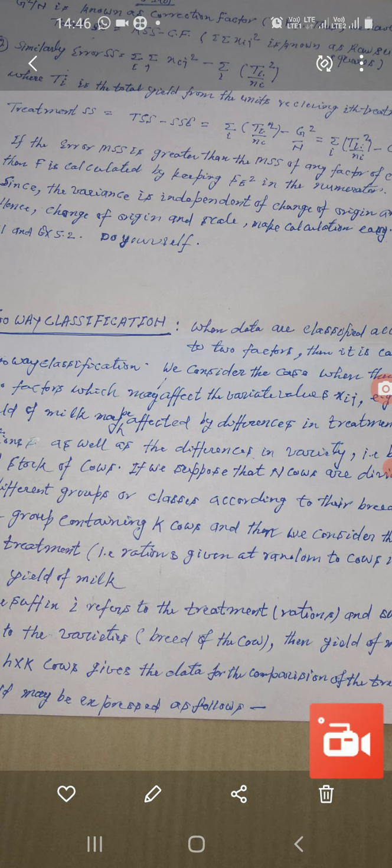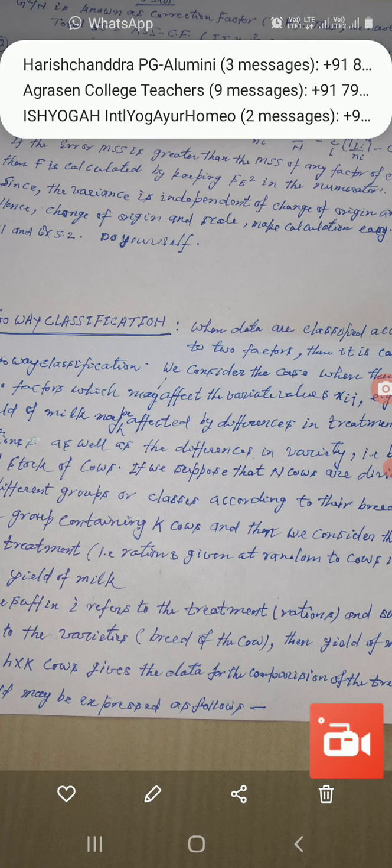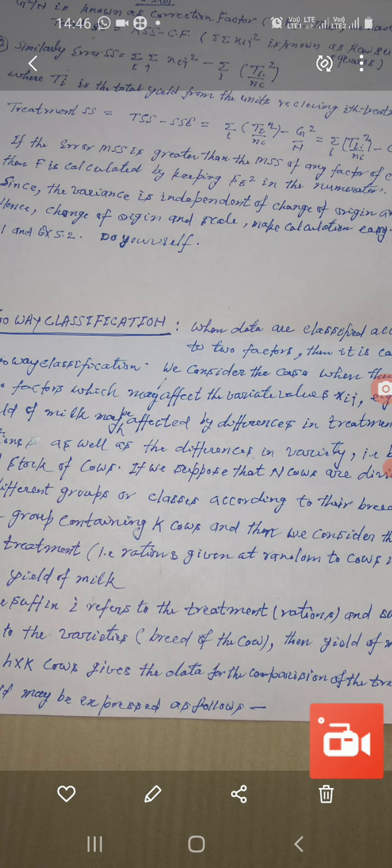For example, the yield of milk may be affected by differences in treatments, that is rations, as well as the differences in variety, that is breed and stock of the cows.